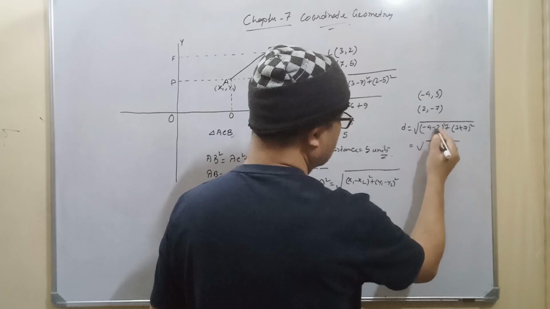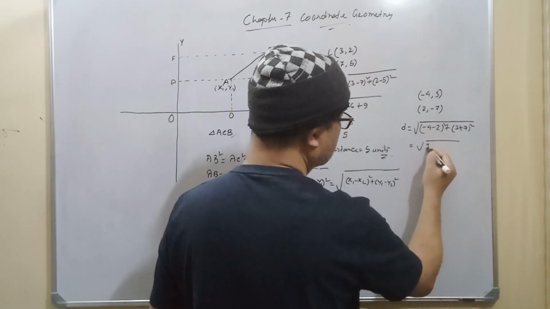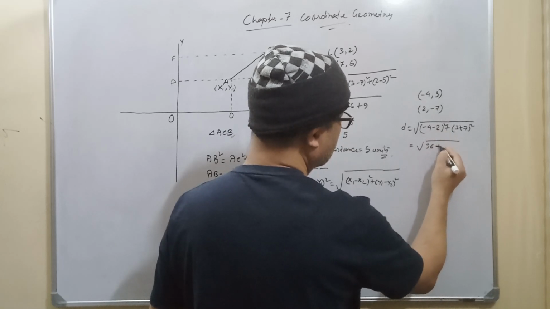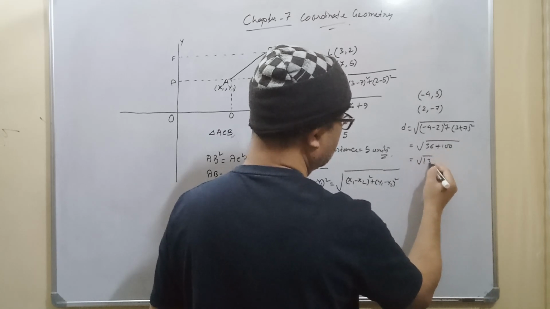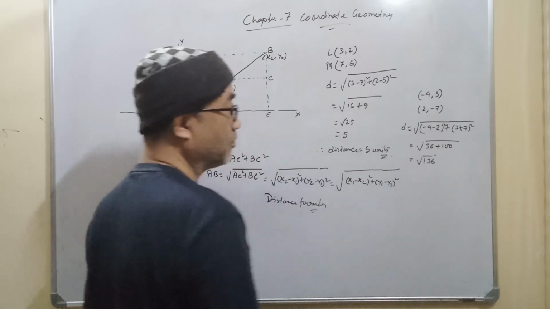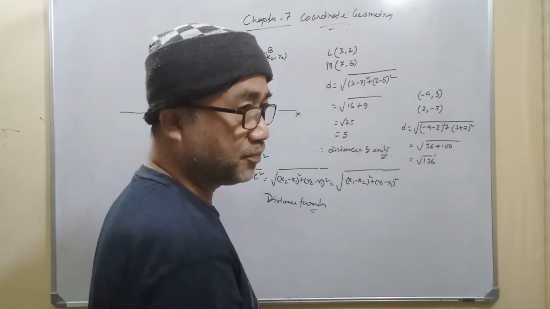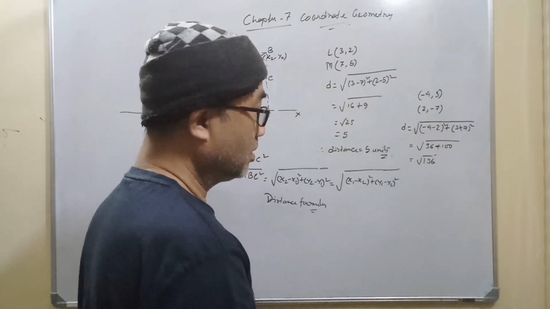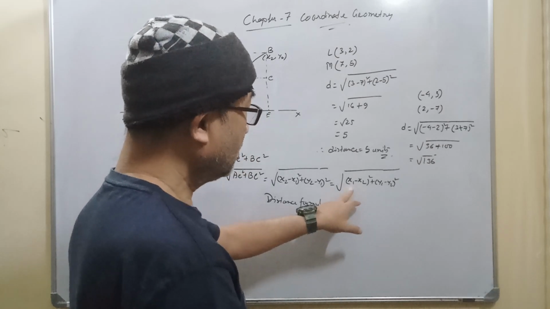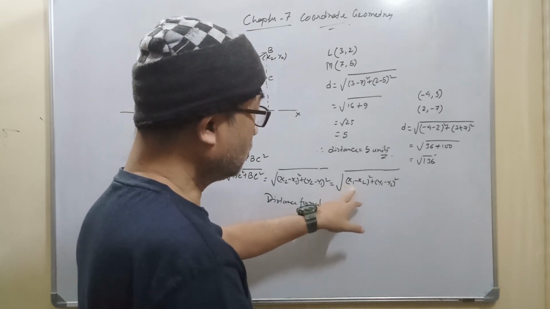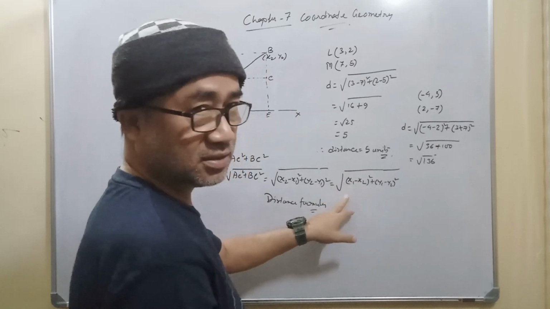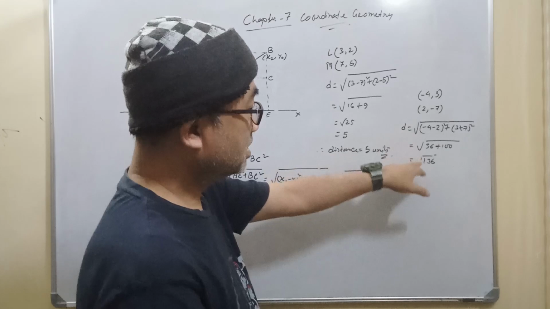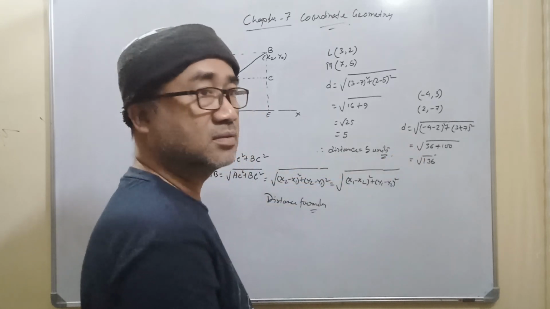Then 6 square is 36, 10 square is 100, total 136. You just have to find out the values of the coordinates and then apply the distance formula like this. You will get the distance between the 2 points.